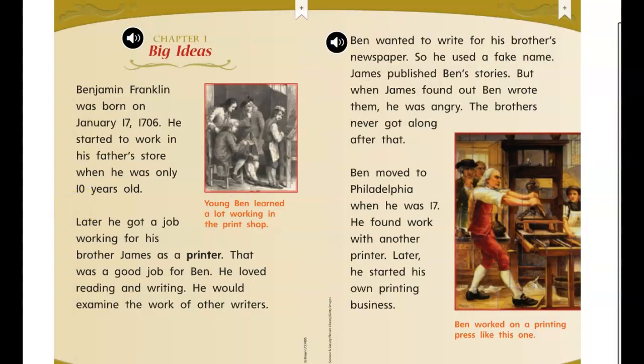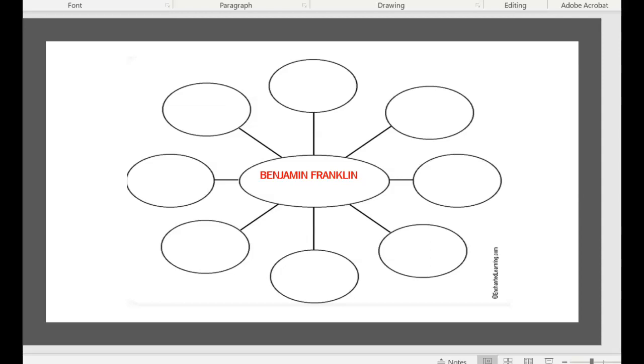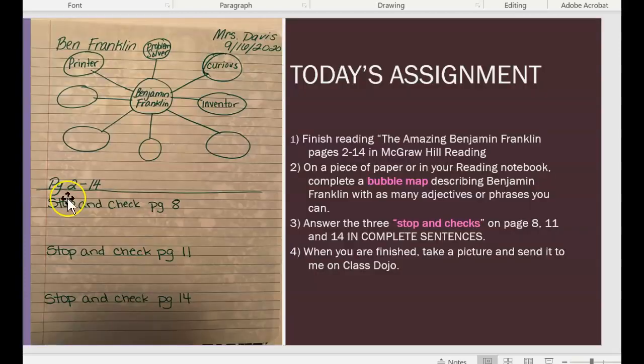But let me go to my bubble map that I have created. Here I have Benjamin Franklin, because that is my character. I have said he was a problem solver, he was curious, and he was an inventor. And then I did go on the next page and I found another characteristic, but I'm going to go ahead and let you find the rest in as many ways possible as you possibly can to describe Benjamin Franklin.